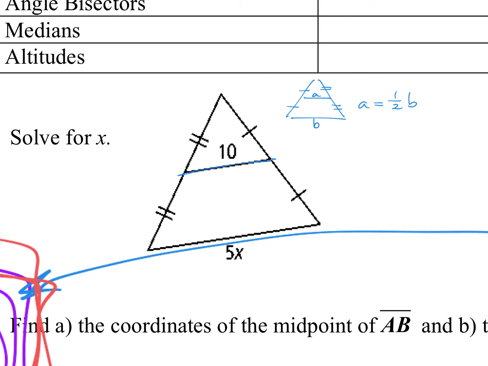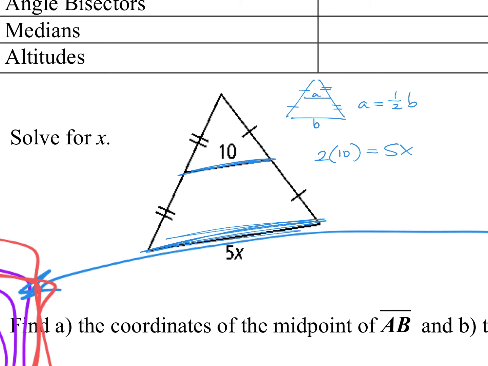So if I know this is half of this, then I can double the 10 and set that equal to the 5x. Remember, this is where so many of you want to just say 5x equals 10. I need you to stop and be reasonable, logical thinkers in these types of scenarios.